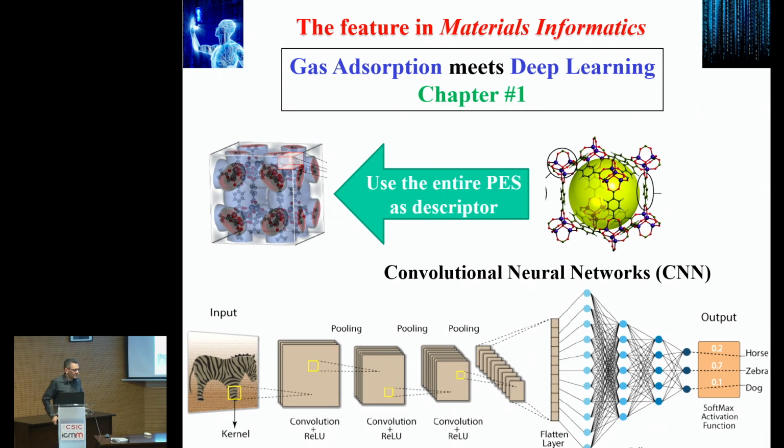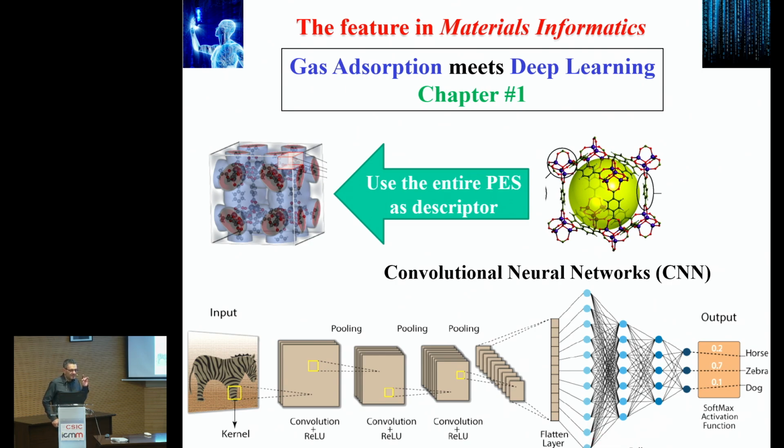The problem has been solved by our people in computer science with convolutional neural networks, which are used a lot in image recognition and also speech recognition. So you can put a picture into these networks, and then it can classify whether it's a horse, a zebra, or whatever.